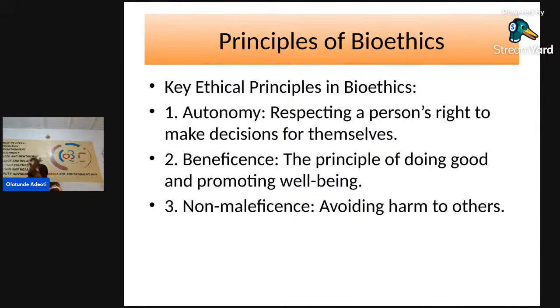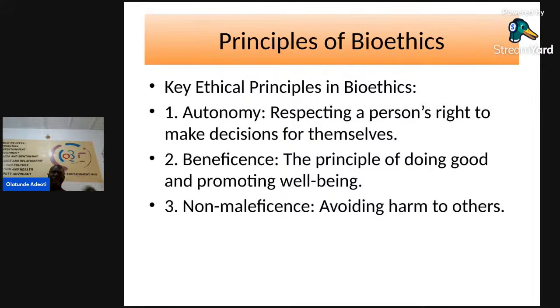Autonomy means that every individual, every organism, every life must be respected. You must not impose your own will on the will of another person. You must recognize that everybody is an autonomous individual. That is the first principle. The first principle of bioethics is autonomy, respecting the rights of another person.